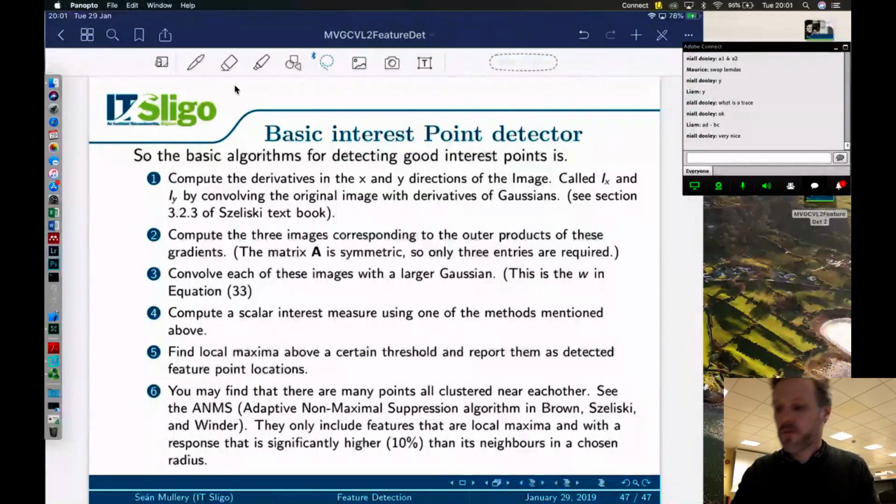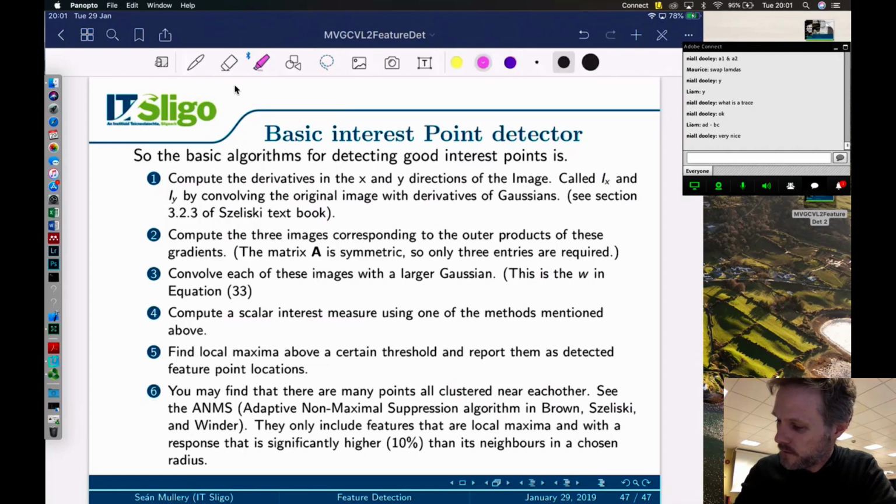So just for anyone watching the recording, we'll continue on this slide, because I think we probably got as far as this slide before we had our break there. So we compute the derivatives in the x and the y directions of the image. They're called ix and iy, by convolving the original image with the derivatives of the Gaussians. Compute the three images corresponding to the outer product.